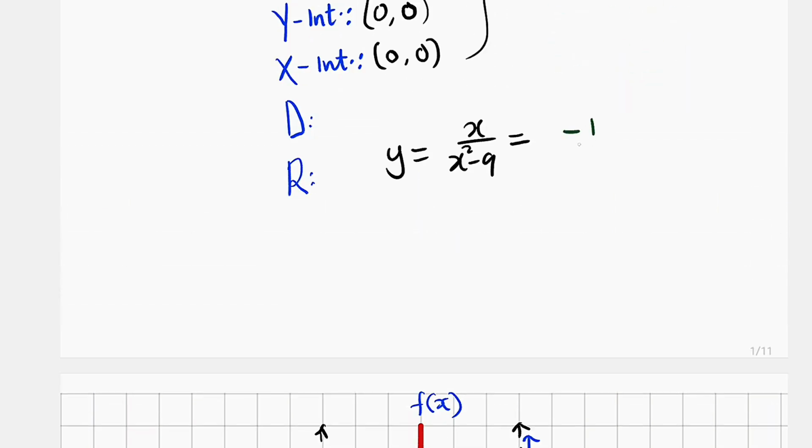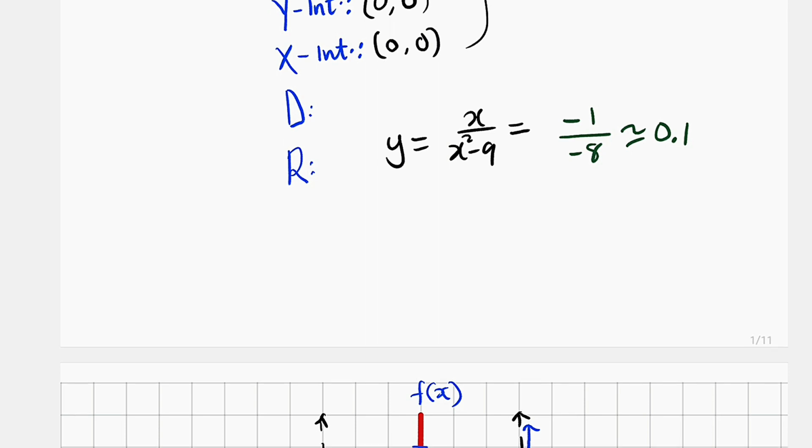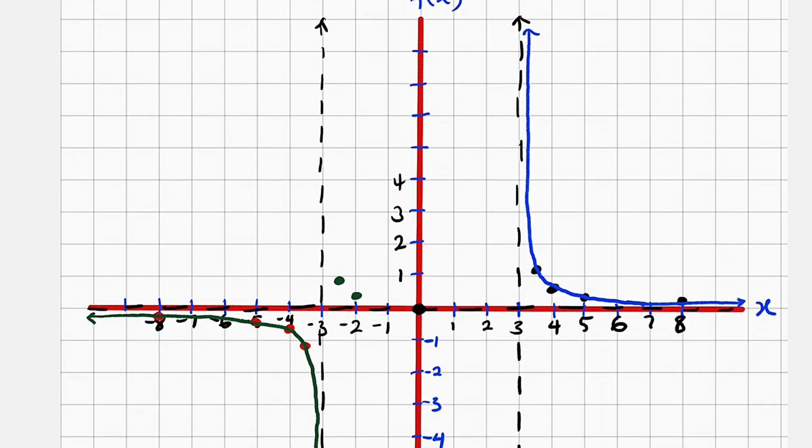We have -1 divided by -1 squared is 1. 1 minus 9 is -8. Negative cancel. 1 divided by 8 is approximately 0.1. So we have a point closer, just above -1. Already we have seen that when x is 0, y is 0.